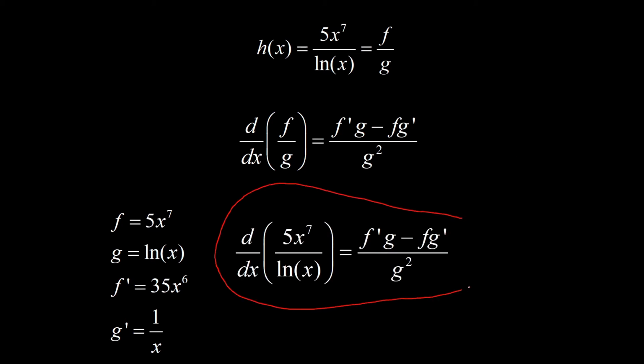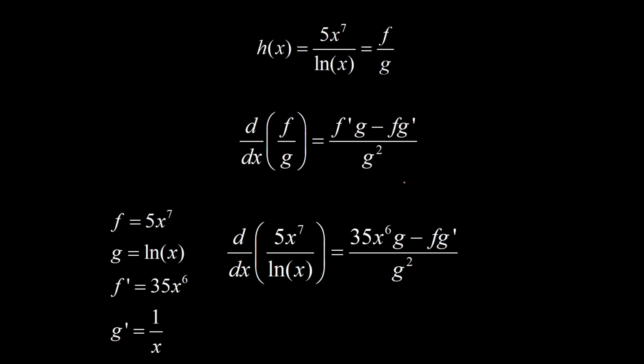So here's our quotient rule. And I'm just going to start plugging this stuff in. So we have the derivative of f, which is 35x to the 6th. We have g, which is log x.